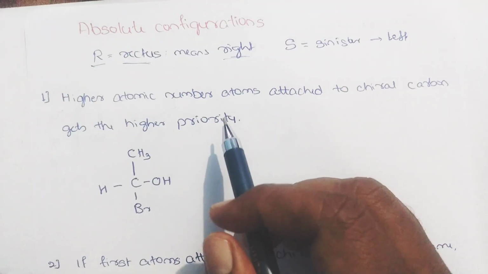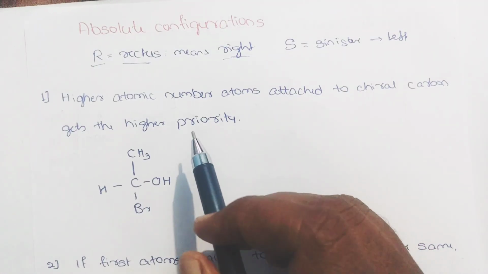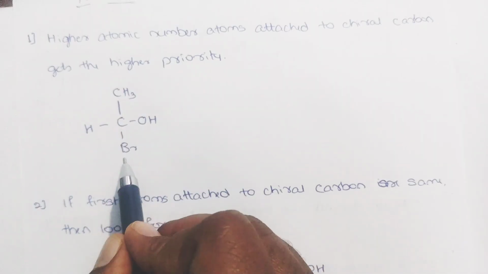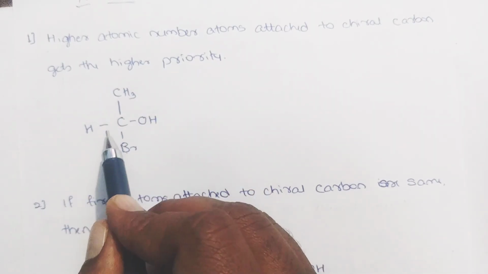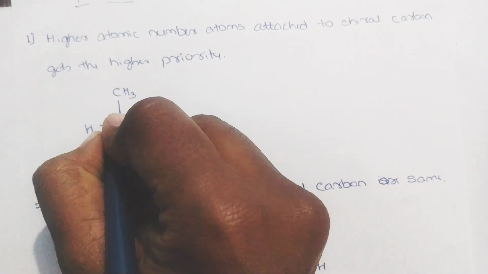Then what are the criteria to give the configuration to the molecule? We know this carbon is a chiral carbon, because this is Br, OH, CH3 and H. All four groups are different, so this carbon is chiral.